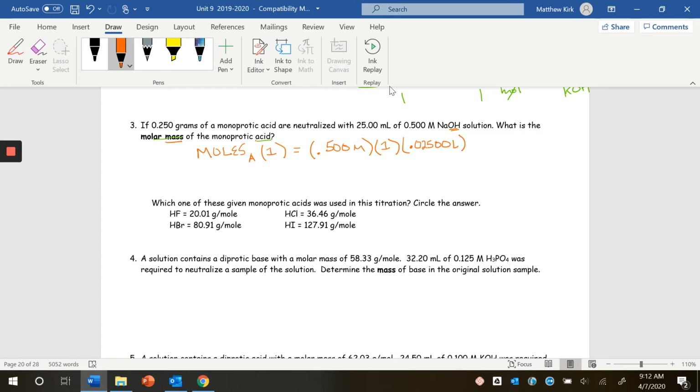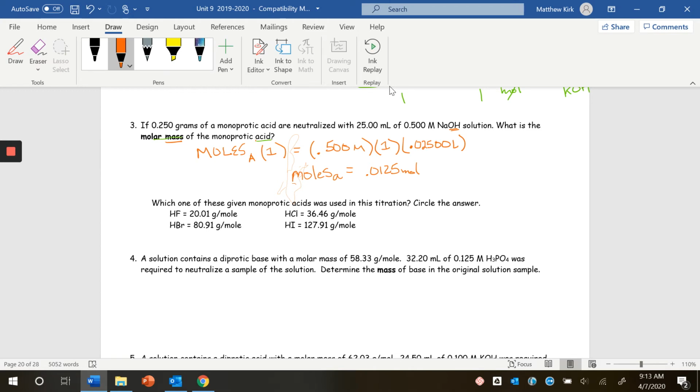So let me do my work here: 0.5 times 1 times 0.025. And I get my moles of acid. What's going on here? That was crazy. I'll just leave it as 0.0125 moles. Yep, that checks out.